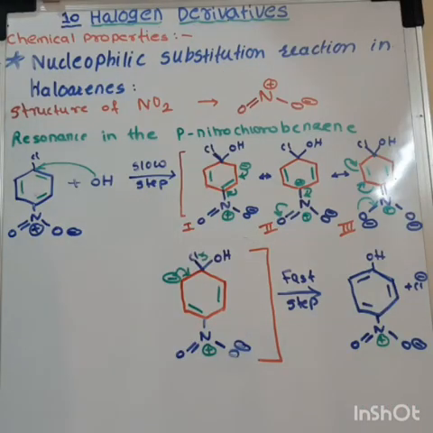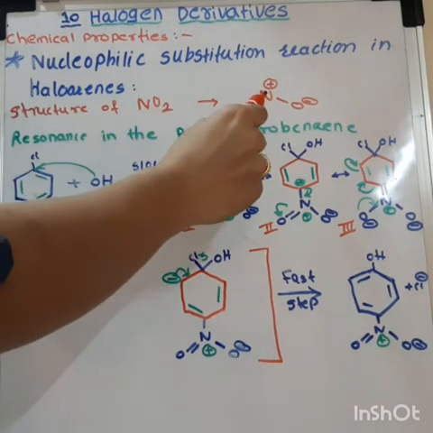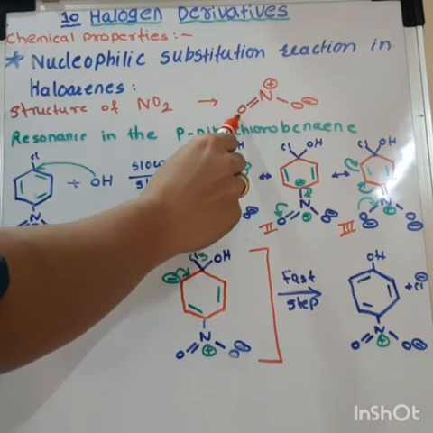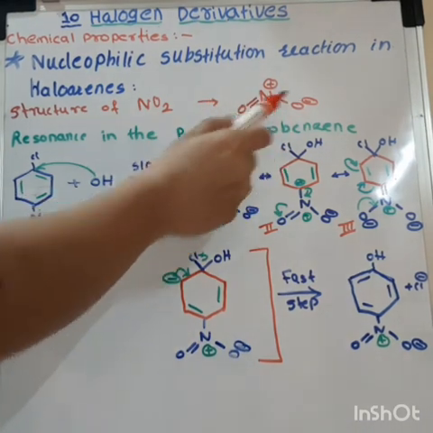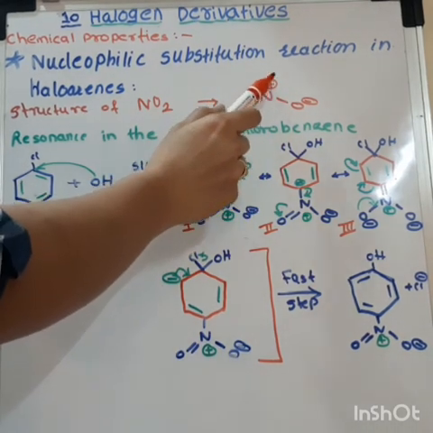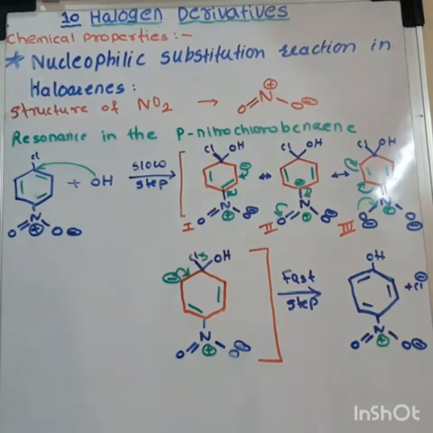Now let's see how the nitro group is increasing the reactivity of haloarene. This can be explained by resonance stabilization of the intermediate by the NO2 group or electron withdrawing group. The structure of NO2 is nitrogen double bonded with oxygen and single bonded with another oxygen, and there is a positive charge on the nitrogen and a negative charge on one of the oxygens.